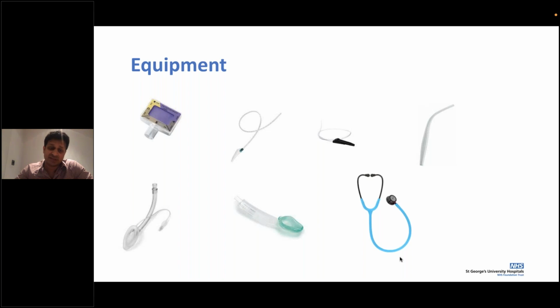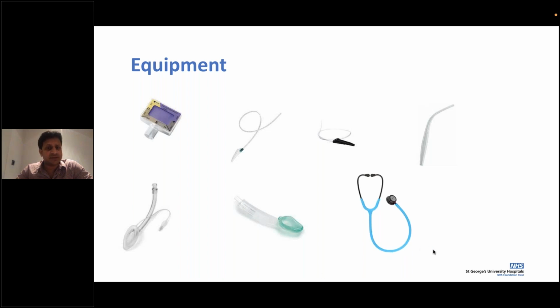You don't have to insert air. Generally you do this under direct vision, so you have your laryngoscope blade, you insert your iGel or LMA, and it sits at the level of the vocal cords. Then connect it to your Neopuff ventilation, look for chest expansion, and continue the ventilation.